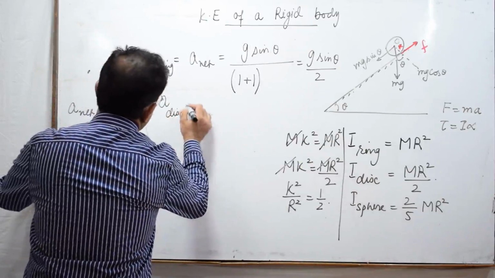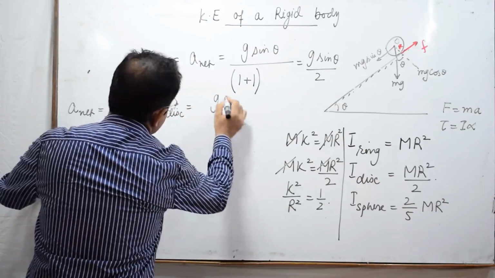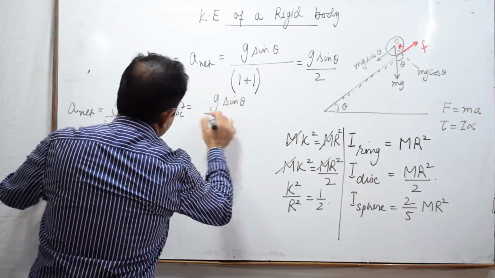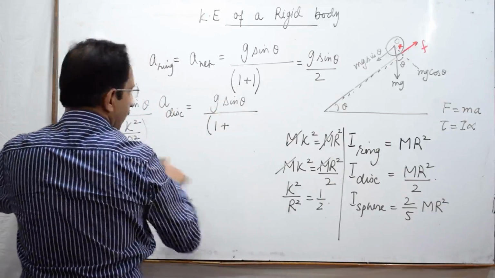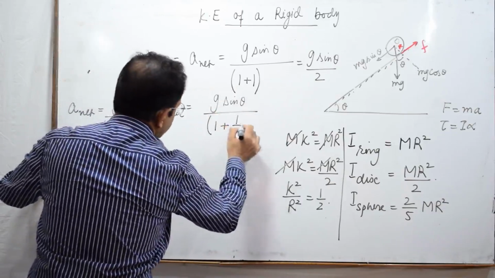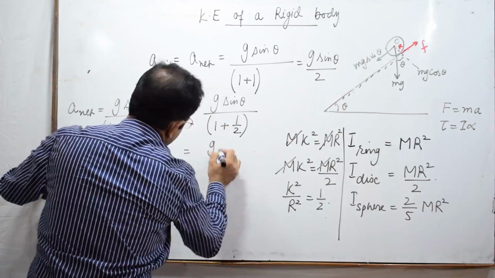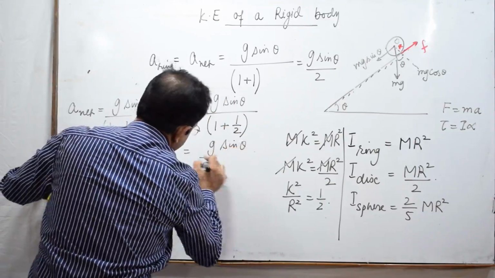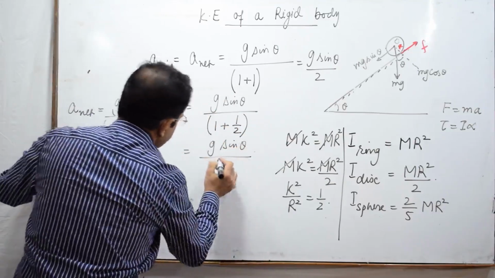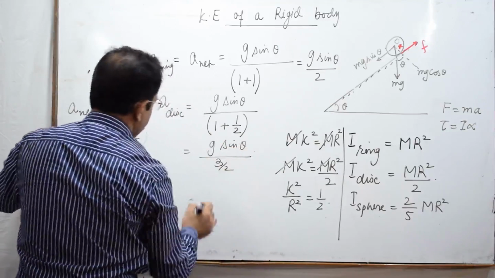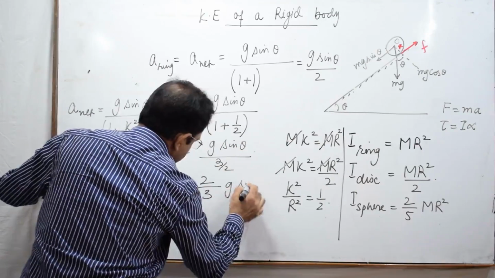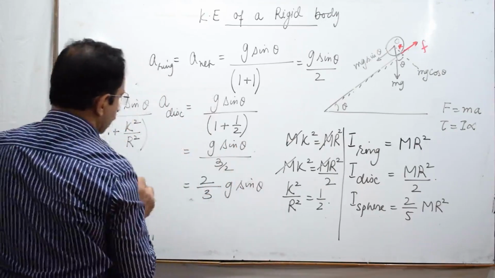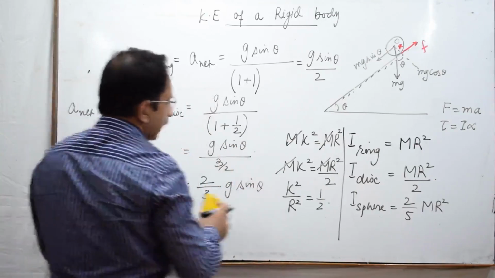So for the disk this will be g sin theta divided by 1 plus, here the value of k square by r square is 1 by 2, which will be equal to g sin theta divided by 1 plus 1 by 2, which is 3 by 2, so this would be equal to 2 by 3 g sin theta. That way we can further go to find out what will happen for the sphere.